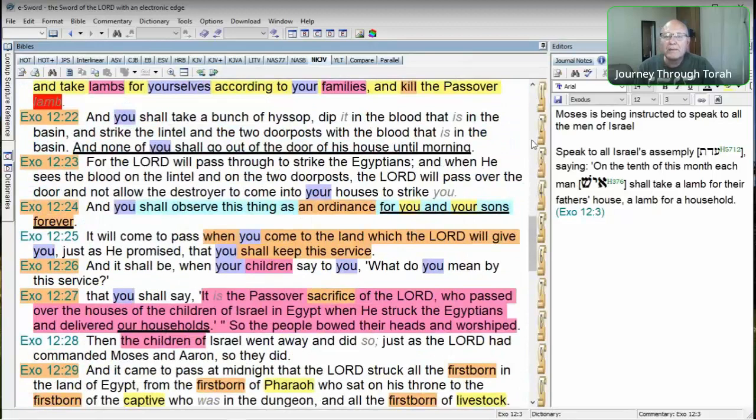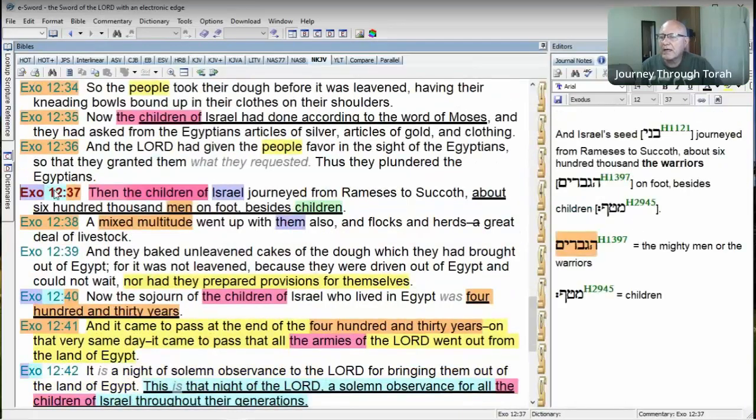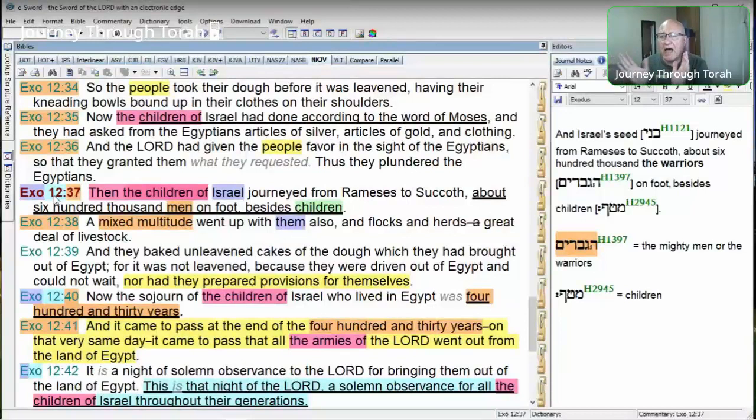Let me go back to where I was. Refresh screen. There it goes. Okay. So, look what it says. This is Moses coming down from the mountain.